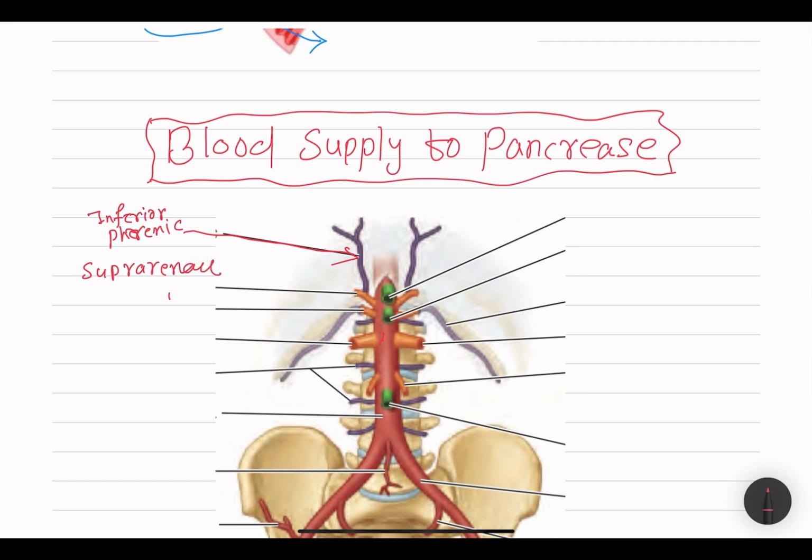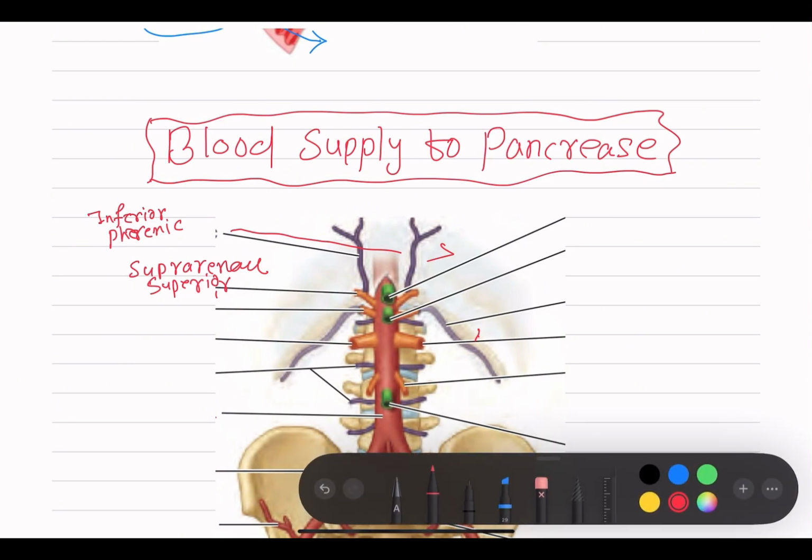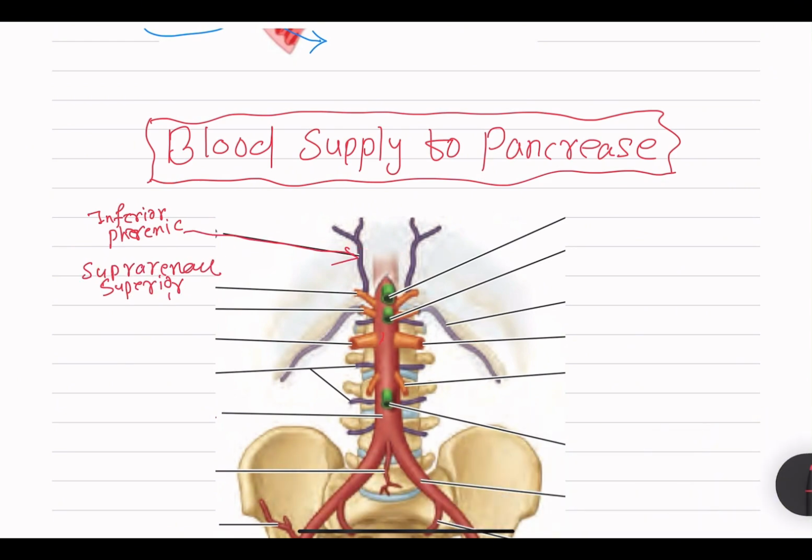Suprarenal, superior, then this one will be the medial, and then the main one will be the right renal artery.